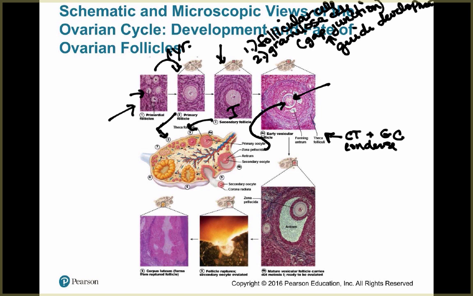And so what happens here is these early vesicular follicles start forming this antrum. And like I told you, this is a follicle formed when clear fluid starts to accumulate. And that's how you can tell. That's an indication that it's a vesicular follicle.